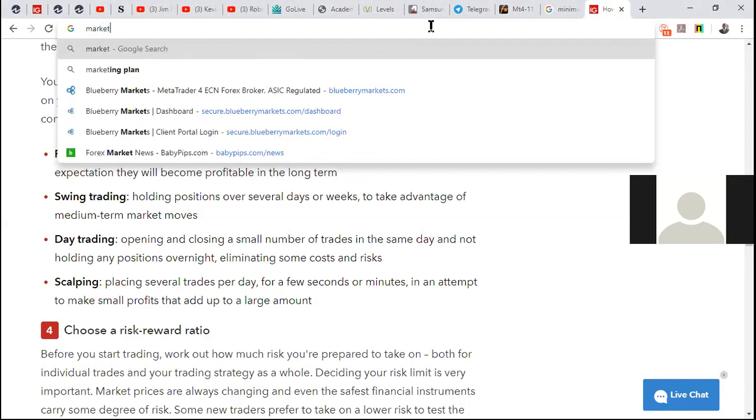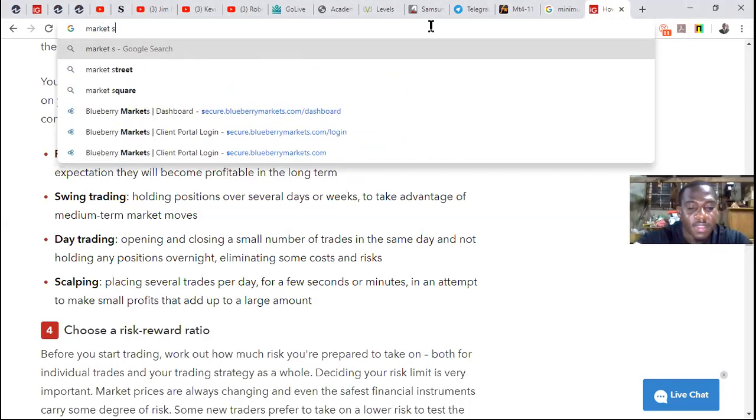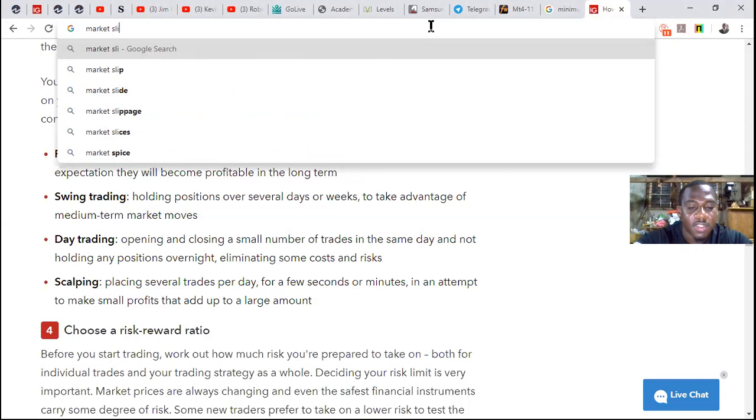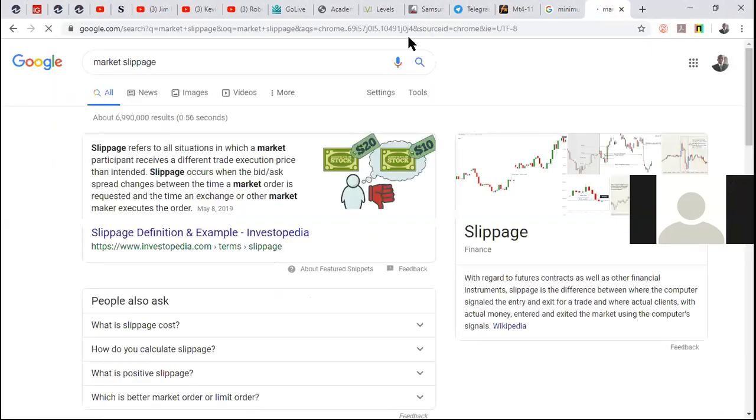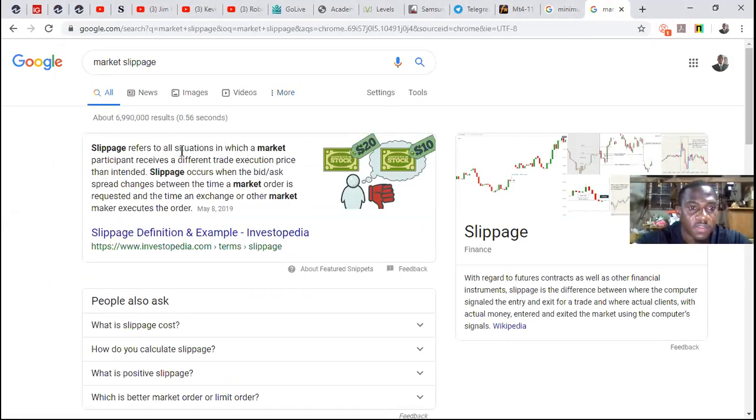So I like to Google everything. Let me see if I can find market slippage. Right? Slippage refers to all situations in which a market participant receives a different trade execution price than intended.